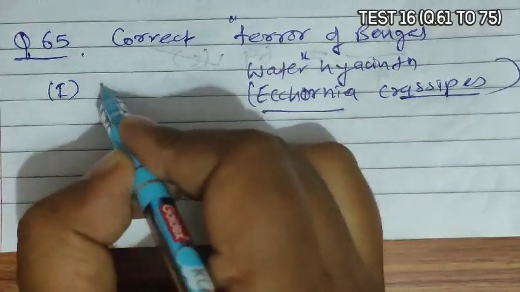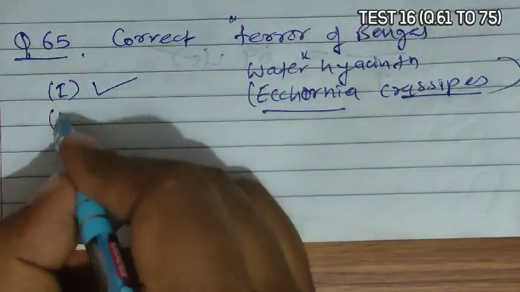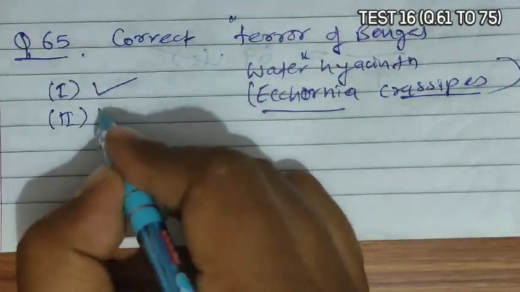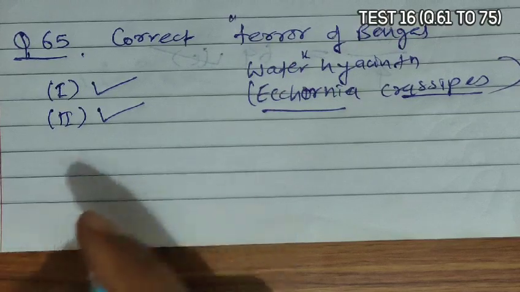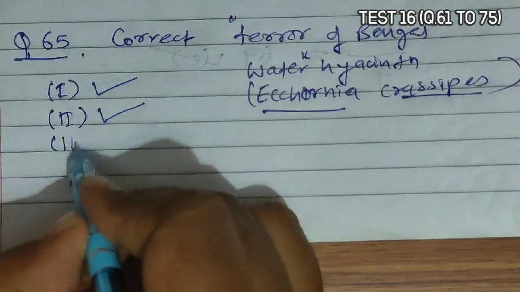Option 1 says it is an aquatic plant. Yes, it is an aquatic plant. Option 2, it is an invasive weed. Yes, it is an invasive weed, as it was introduced due to its beautiful shape of leaves and flower.